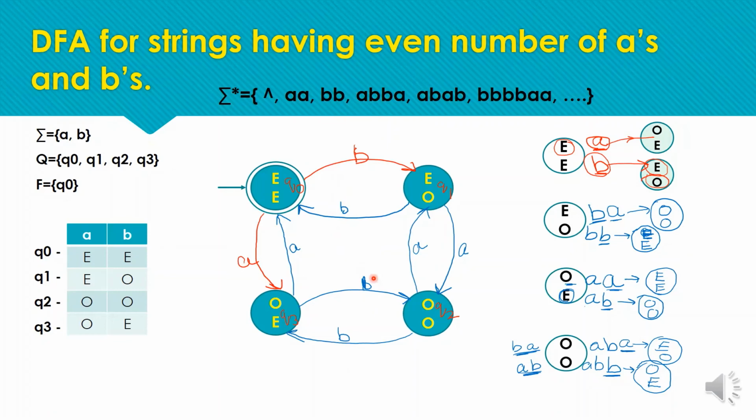You can see from the solution BB here, and AA and AA here. So you can draw the transition diagram directly instead of solving all the transitions.